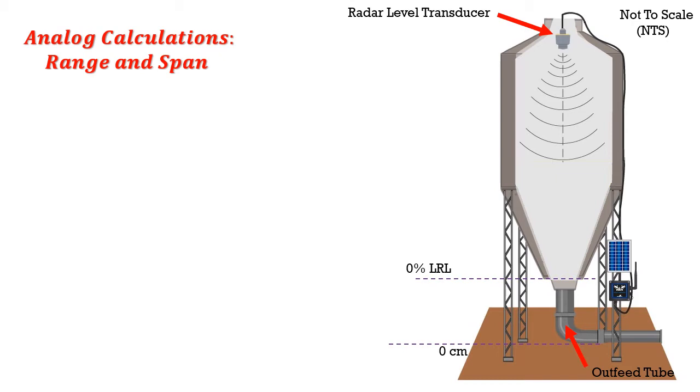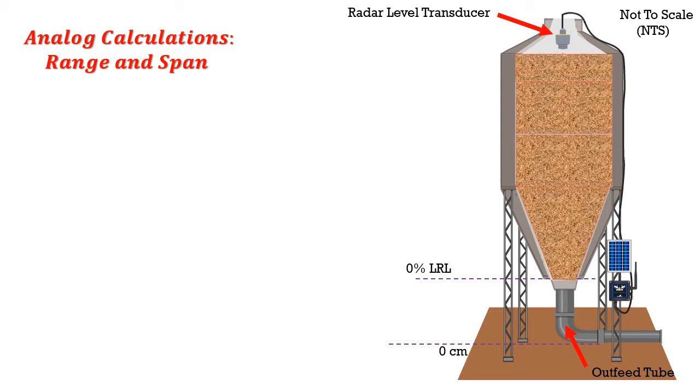We do not include the amount of material that's in the outfeed tube. Now the radar level transducer may be able to see the bottom of the outfeed tube, so we'll disallow that. And as we add grain to the silo, we can reach our maximum value, or 100% full, and we call this our upper range limit.